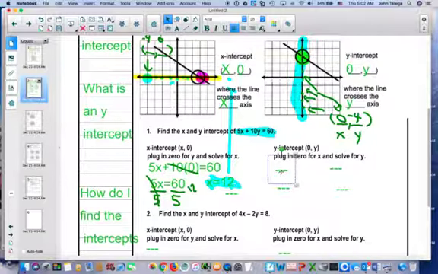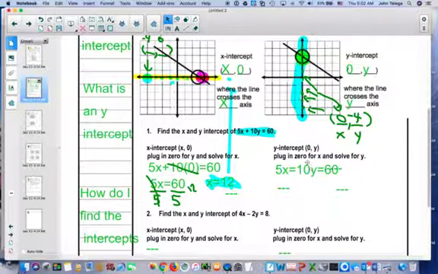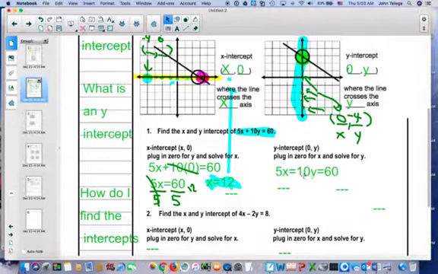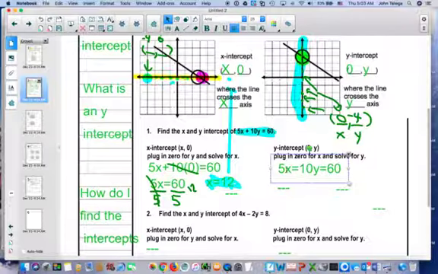So we're going to take our formula again. Our 5x plus 10y equals 60. And this time, we are going to substitute for x. So we're going to zero out the x. So instead of an x, I'm going to put a 0 in there.